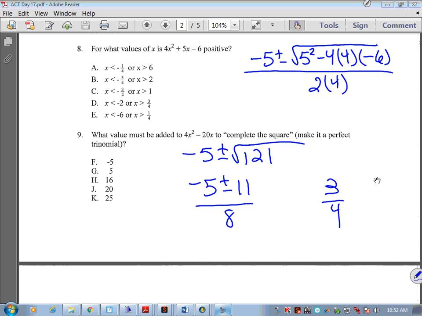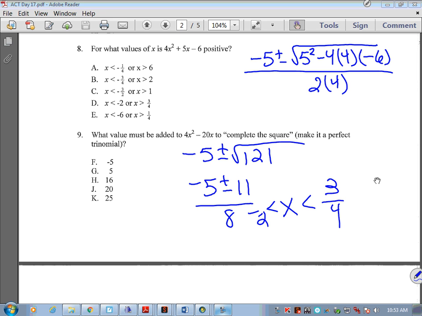If I look at the answer key, x has to be greater than 3/4, or less than -2, because -2 is our other answer, right? Okay, anyways, it's got to fit between those two numbers.